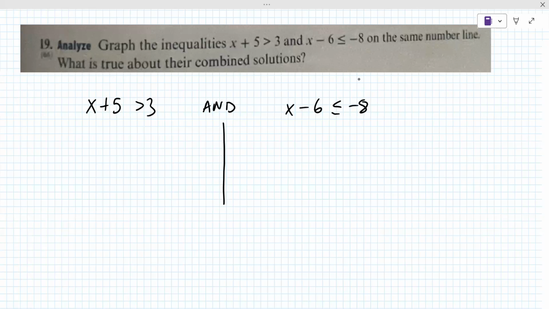All right, let me start on those. Yeah, give them a try. Let me know what you come up with, and then we'll do the graphing together.